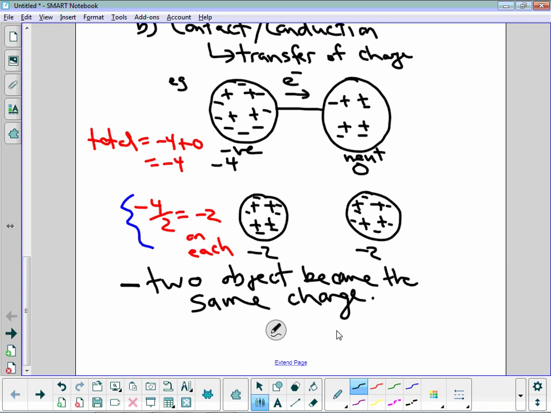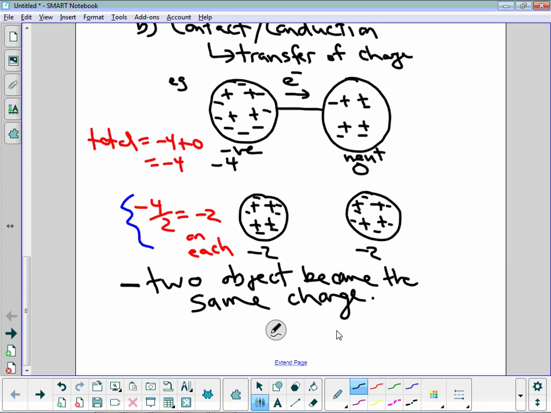If they're equal and opposite, +2 and -2, what will the total be? 0 divided by 2. What's 0 divided by 2? Negative something? I'm mildly concerned about that calculation. It's 0, so then they both become 0.